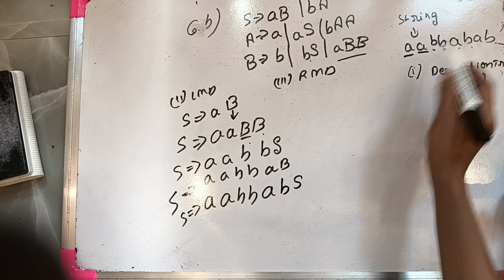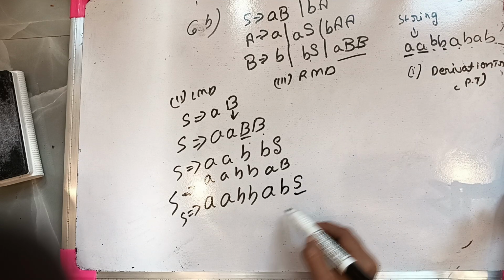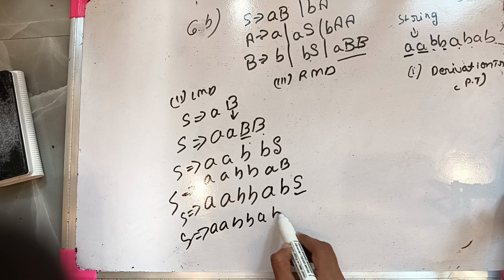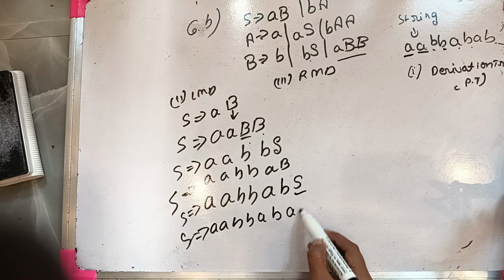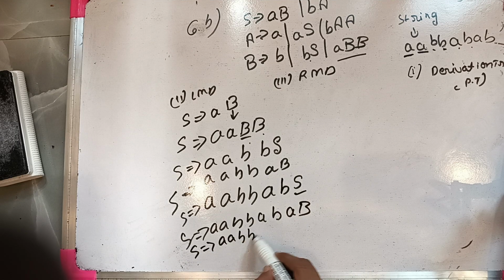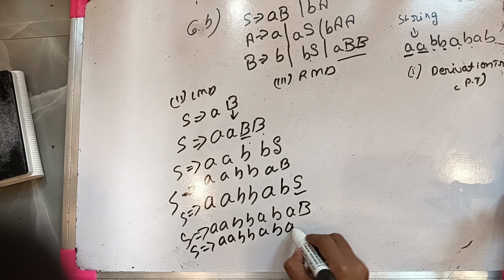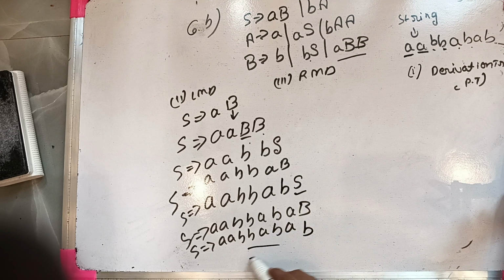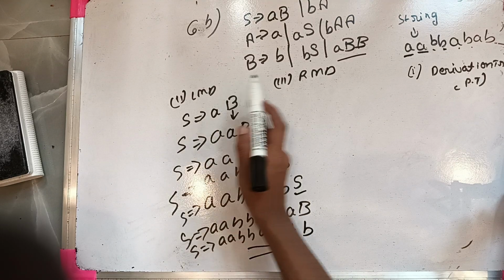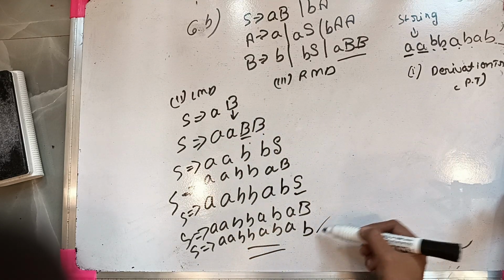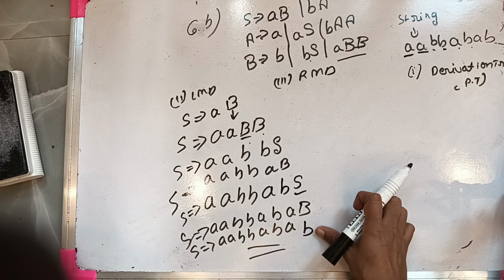A done, B done, again AB I require, so in the place of S I will substitute B, and B, A. In the place of B I will substitute B. Okay, we start from the left side and go on substituting, and finally we get the required string.